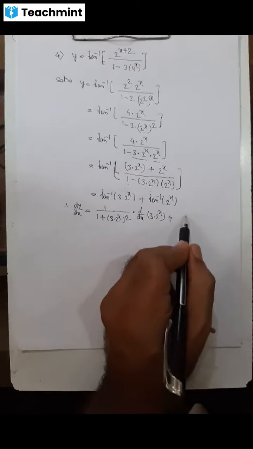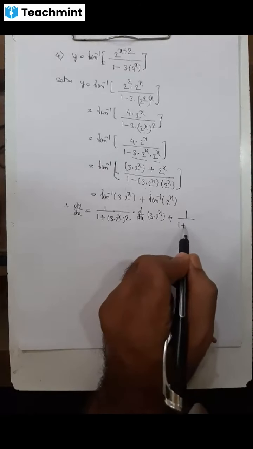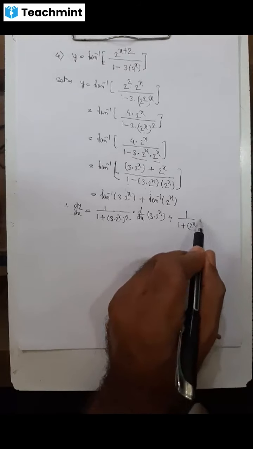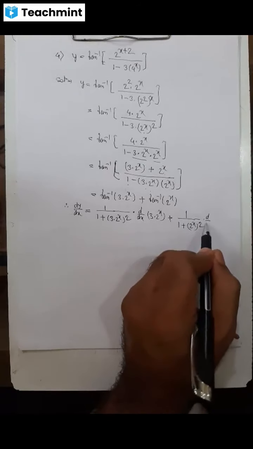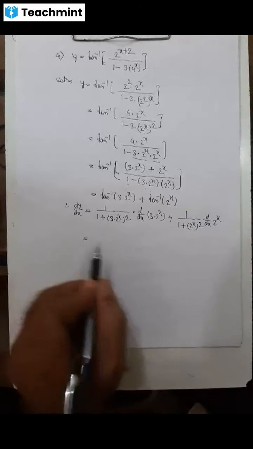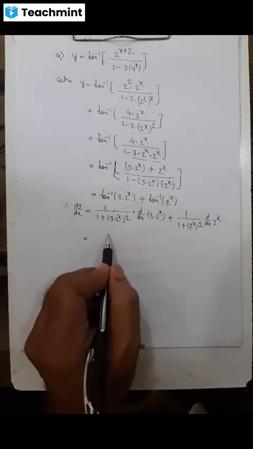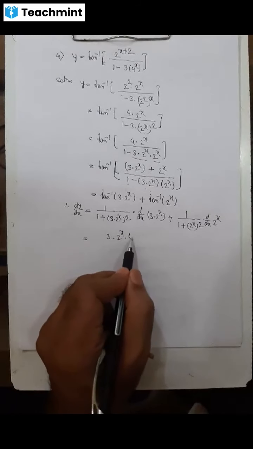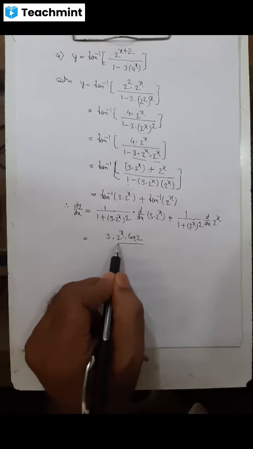Similarly, second term, derivative 1 divided by 1 plus 2 to the power x its square and multiply by derivative of 2 to the power x by chain rule. So it is equal to, here derivative 3 constant, derivative of 2 to the power x same, and multiply by log 2, that is standard formula.